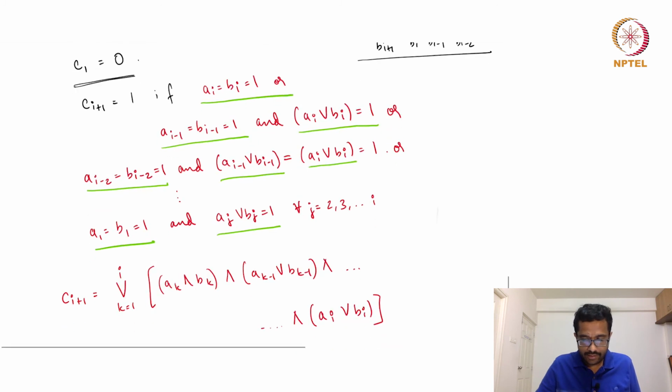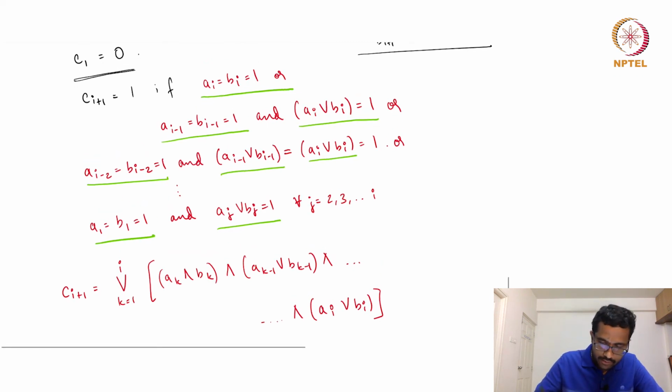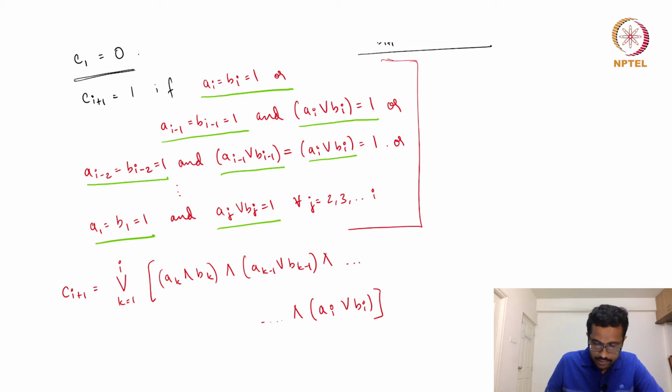So now let us write a Boolean expression for this, right? So c(i+1) is equal to a big OR. Whatever we have written over here, this big red expression, we are trying to write it more crisply.